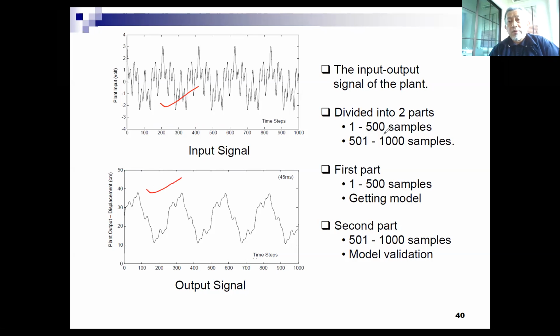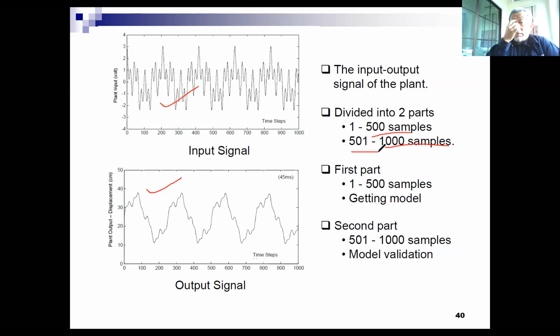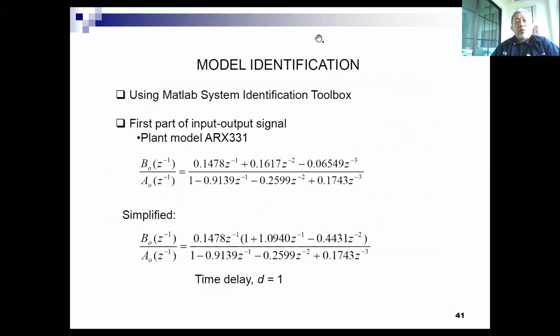So we have two parts. Since it's 1,000 samples, we take the first 500 for estimation and the remaining 500 for validation. Then we use the System ID toolbox. We use pre-processing of data, then estimate, then we choose the model structure as ARX331.